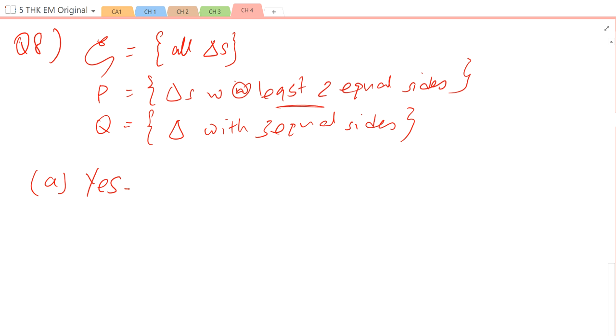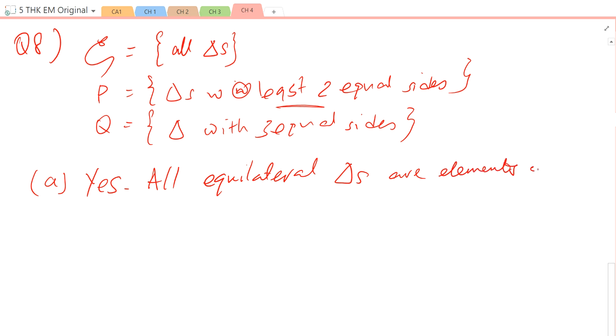Yes. Explain our answer. All equilateral triangles, that is the elements inside Q, are elements of set P. Okay, that is the first condition. Everything inside Q is found inside P. Next condition, we want to show that Q is not equal to P. I want to show that these two sets are not the same.